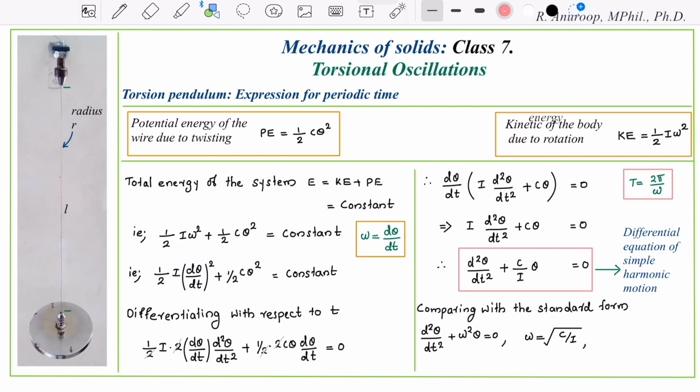T is equal to 2 pi by omega. Therefore, T is equal to 2 pi into root of I by C. This is the expression for time period of oscillation. T is equal to 2 pi into square root of I by C.